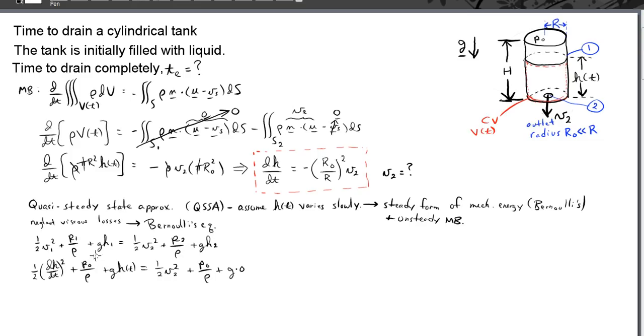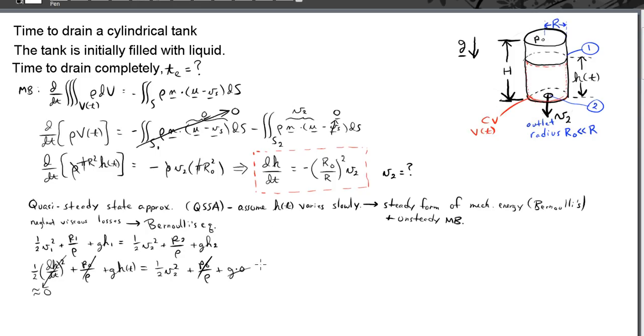So we look at this now, we see that the P naught over rho terms cancel. This term is also 0. And then we're going to neglect this term, which is consistent with our quasi-steady state approximation. We're assuming the top surface of the liquid decreases in height very slowly. So the square of that change in height is going to be even smaller.